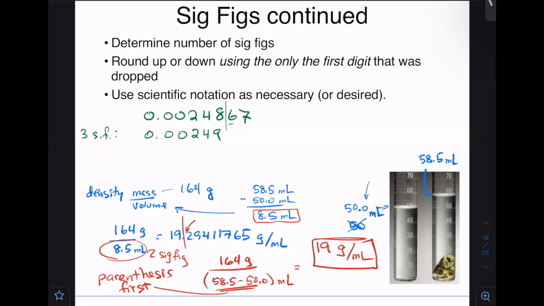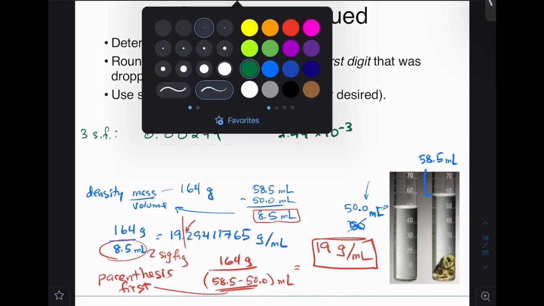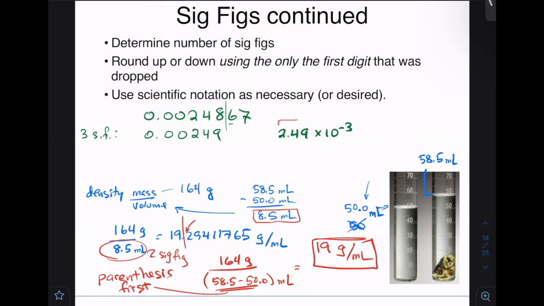If I were to put that in scientific notation, I would write it this way: 2.49 times 10 to the negative 3. There are 2 components to scientific notation. The first part is what we call the coefficient, and that has all of the significant digits.